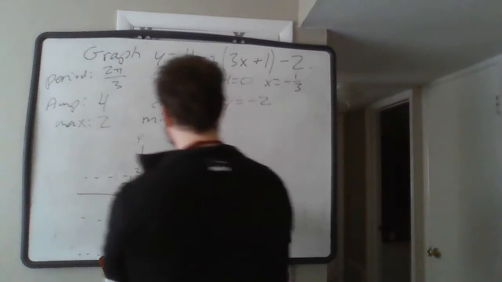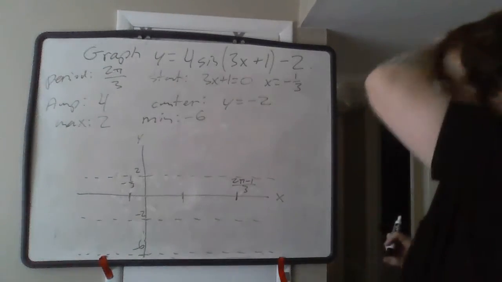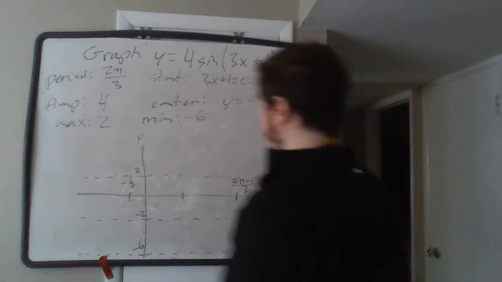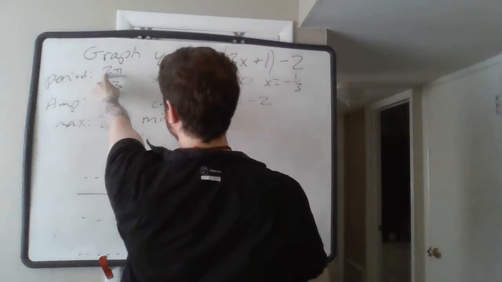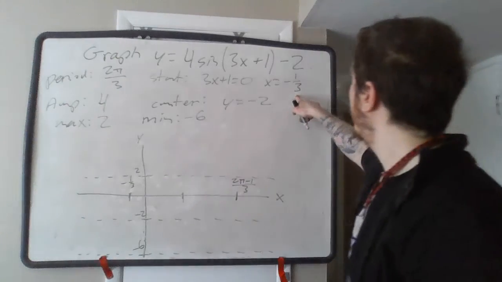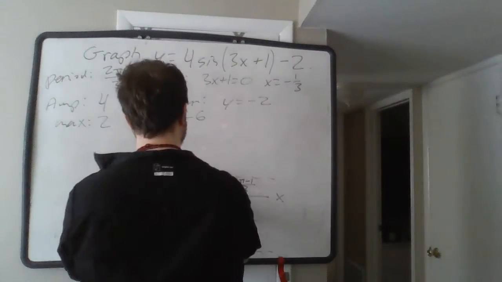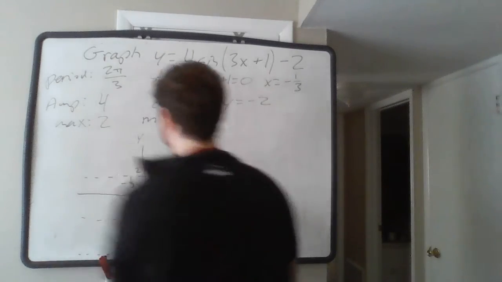And then we can figure out what is going to be halfway through this period. Well, half of the period would be 1 pi over 3, so that's going to be at pi over 3 minus 1/3, so that's going to be pi minus 1 divided by 3.